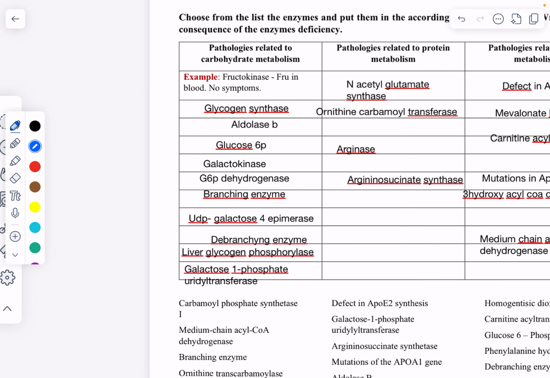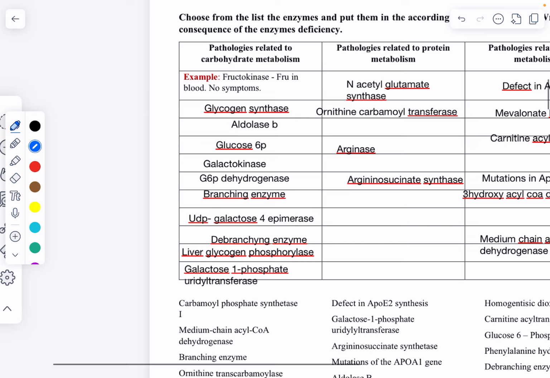So let's talk about the carbohydrates. We have been given fructokinase, so it says that fructose is increased in the blood and there are no symptoms. But I could also talk about aldolase B. So this aldolase B deficiency is called hereditary fructose intolerance.